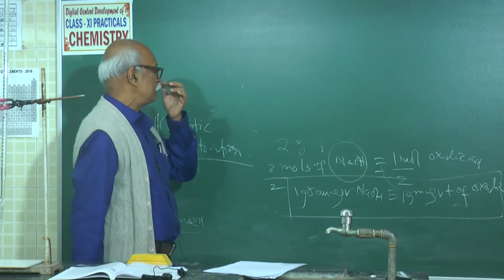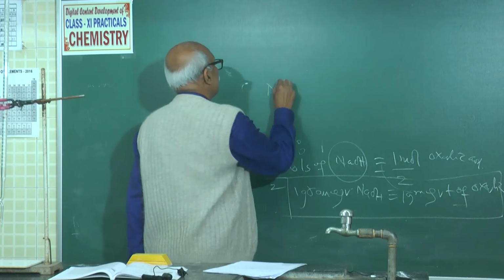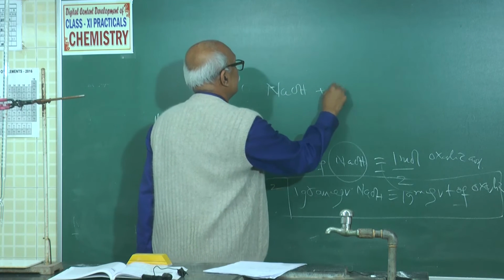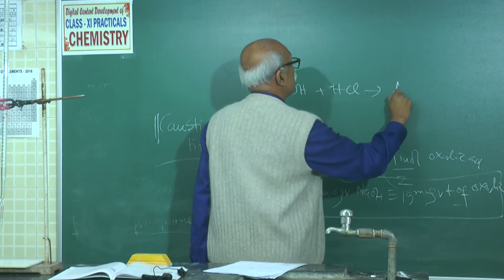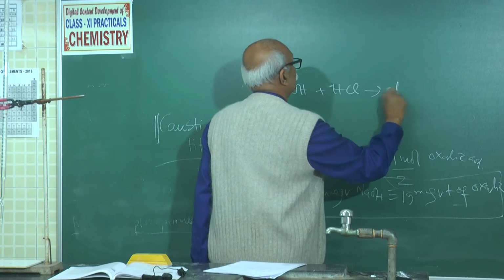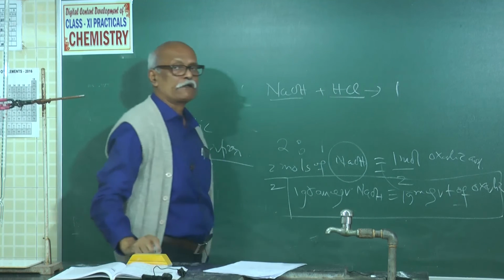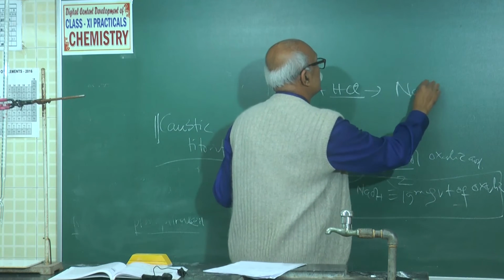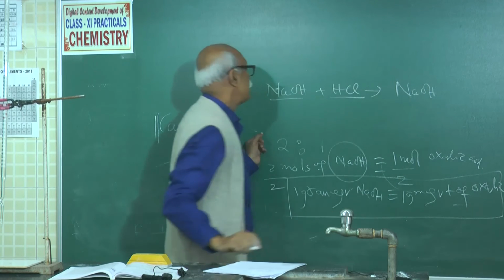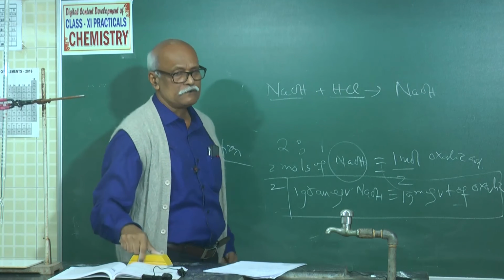The molar ratio in some cases may be equal, but not always. For example, sodium hydroxide plus hydrochloric acid. The molar ratio is the same as the normal ratio. So 1 gram equivalent of sodium hydroxide is equivalent to 1 gram equivalent of hydrochloric acid, because sodium hydroxide equivalent mass is the molar mass by 1, and hydrochloric acid equivalent mass is also its molar mass.